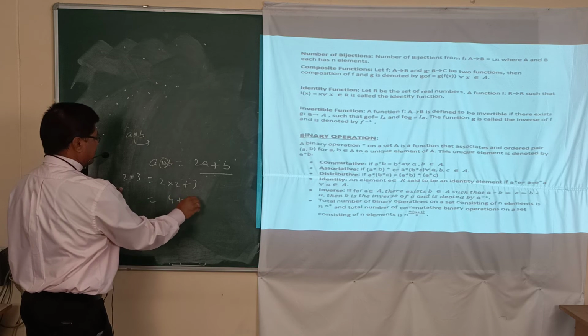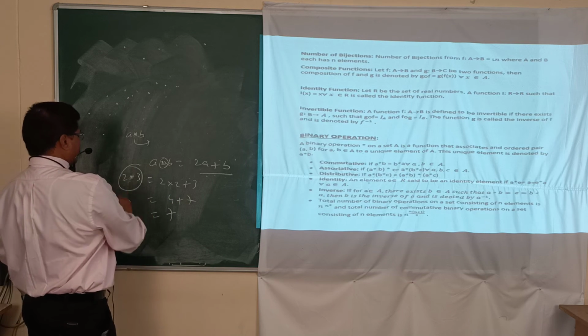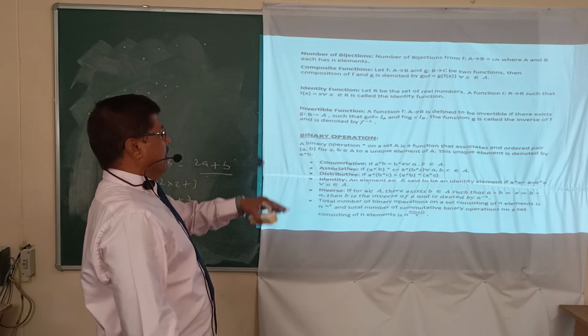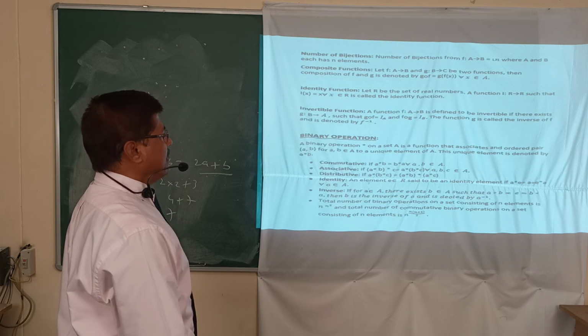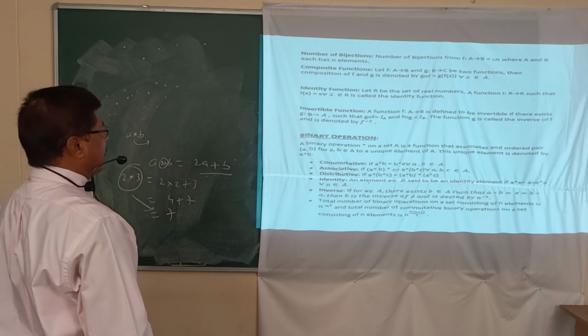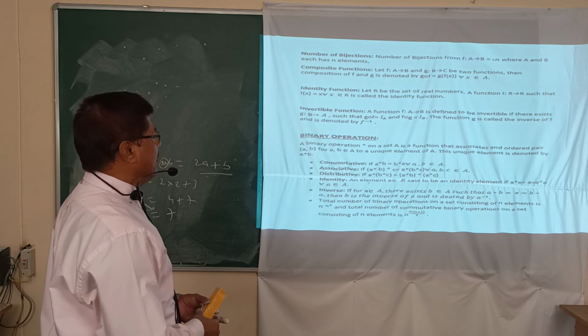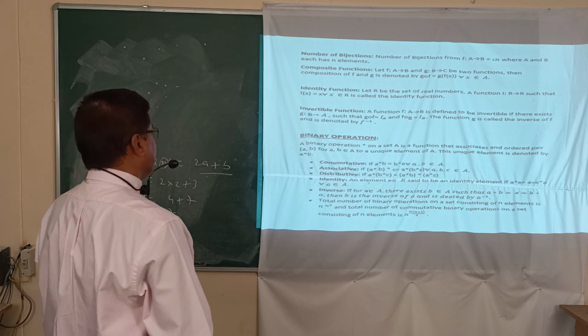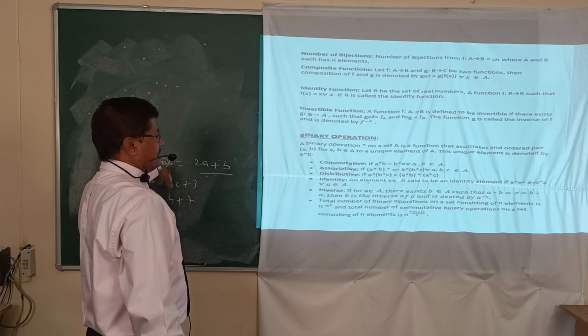So this is 4 plus 3, it means 7. So the binary operation on a set A is the function that associates an ordered pair A and B, which always belongs to set A, with a unique element of A. This unique element is denoted as a binary operation.